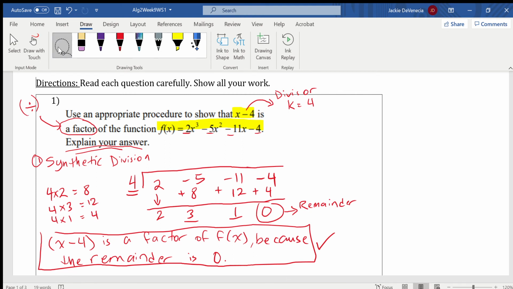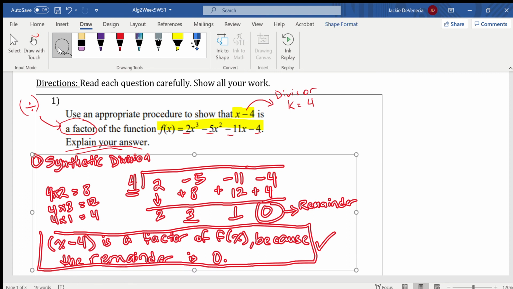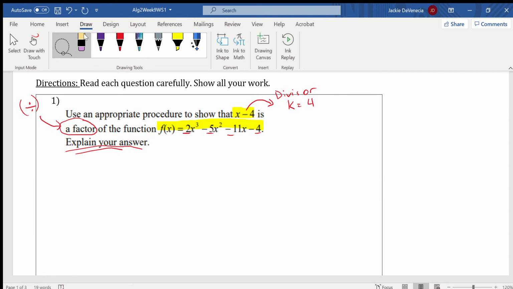Another way of doing it is that we can use our remainder theorem. Okay, so this is a method using our remainder theorem.